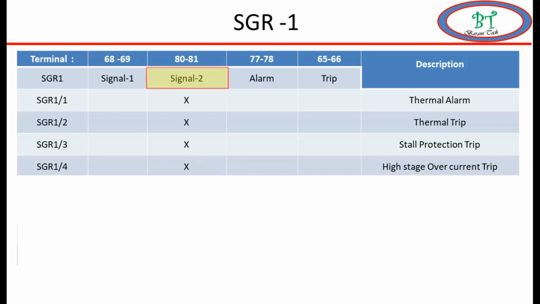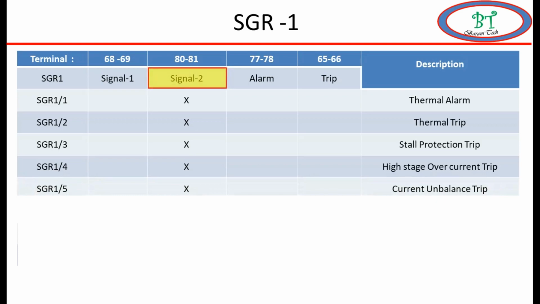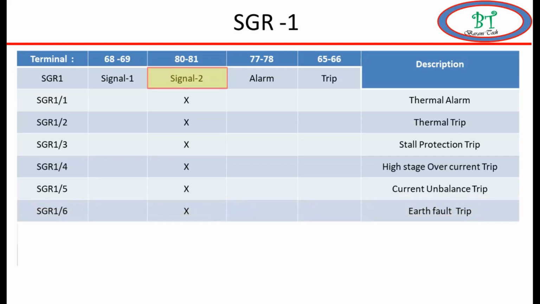SGR1/4 as 1, then the high set overcurrent is configured to programming signal 2 on terminal 80 and 81. When we configure SGR1/5 as 1, then the unbalanced current is also linked with the same programming signal 2. When we configure SGR1/6 as 1, then the earth fault signal also is configured for programming signal 2 over the terminal 80 and 81.